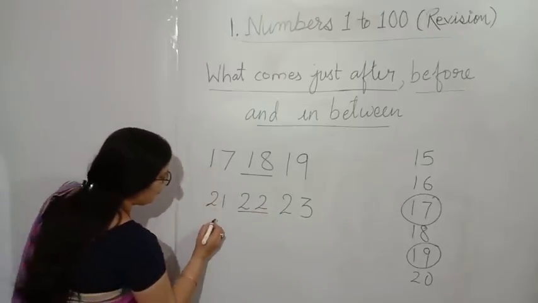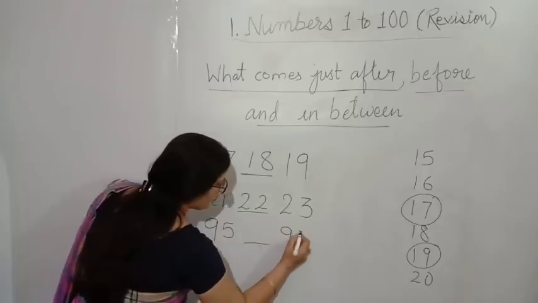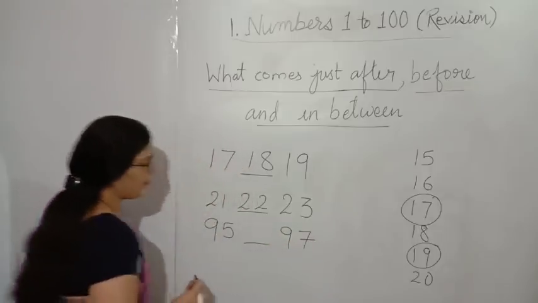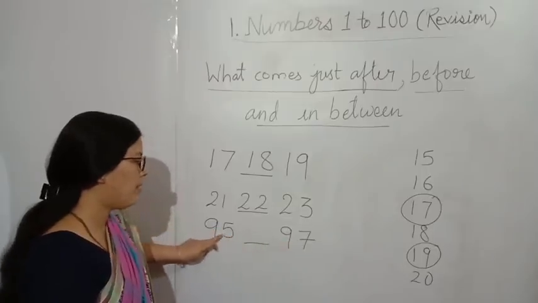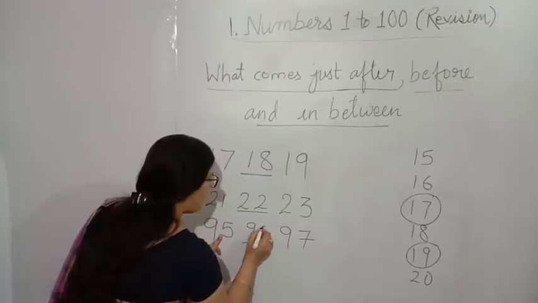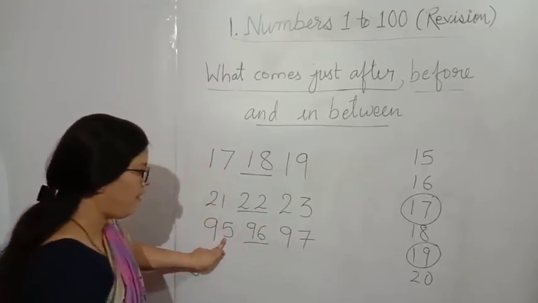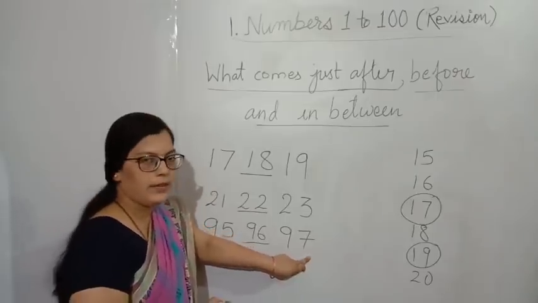Now write the number which comes between 95 and 97. Count and tell me. The number that comes between these two is 96. 95, 96, 97.